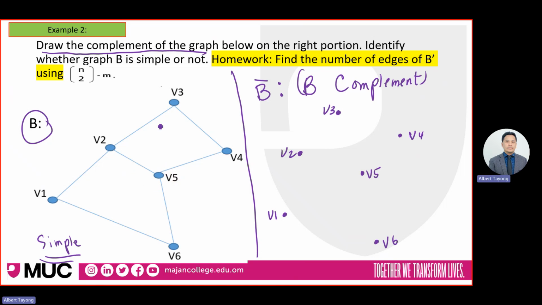Okay, so let's look at our V1. V1 is adjacent to 2 and 6. So the opposite is 3, 4, and 5. Because we don't have a line from 1 to 3, 1 to 4, and 1 to 5. So we can do it like this.